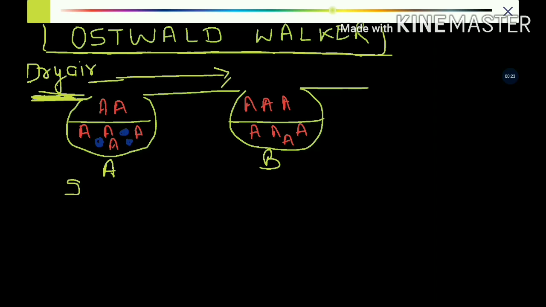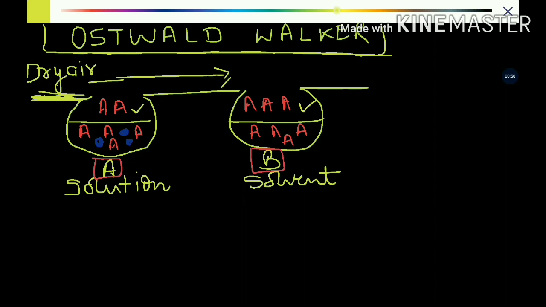A is the solution with the non-volatile solute component, and B is the pure solvent A. That means in bulb B, the vapor pressure is due to the pure A component, and in bulb A, the vapor pressure is due to the partial pressure of the solution component. So it is being seen in this hypothetical example, the solvent has 3 moles of vapor pressure and the solution bulb has 2.